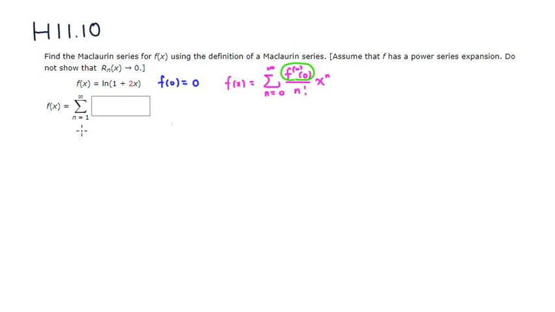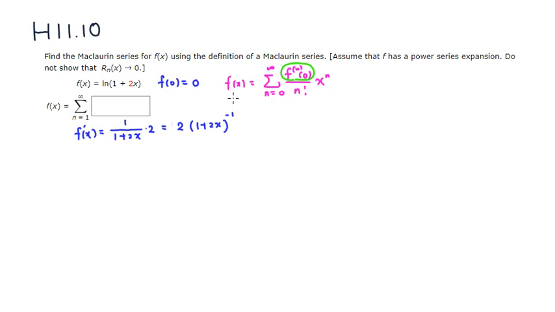And so let's take the derivative. The first derivative is 1 over 1 plus 2x, and multiply by 2. I'm going to write it as 2 times (1 plus 2x) to the negative 1 power.